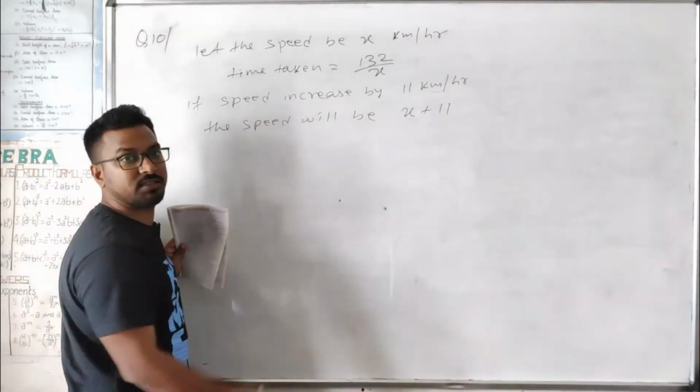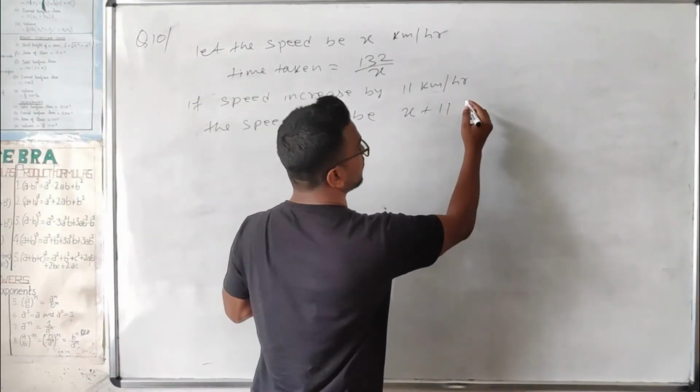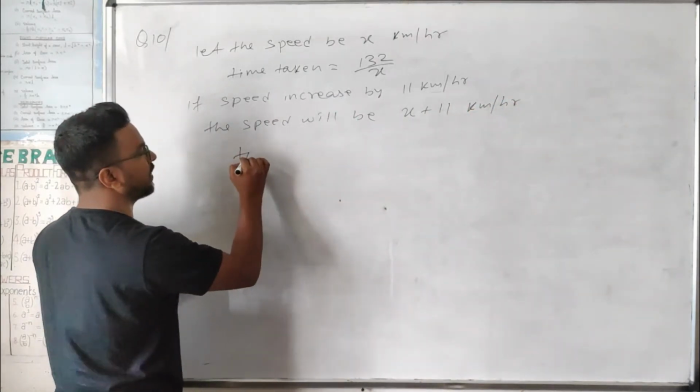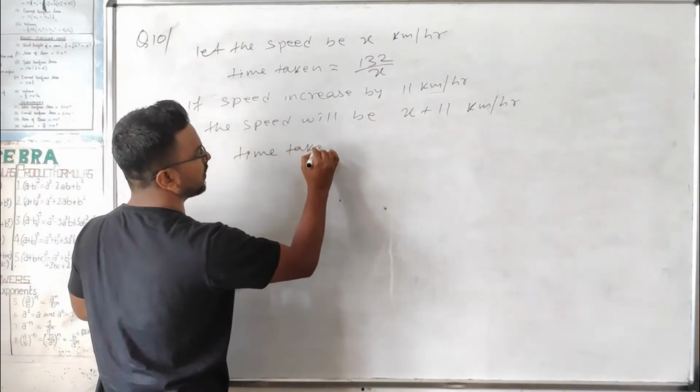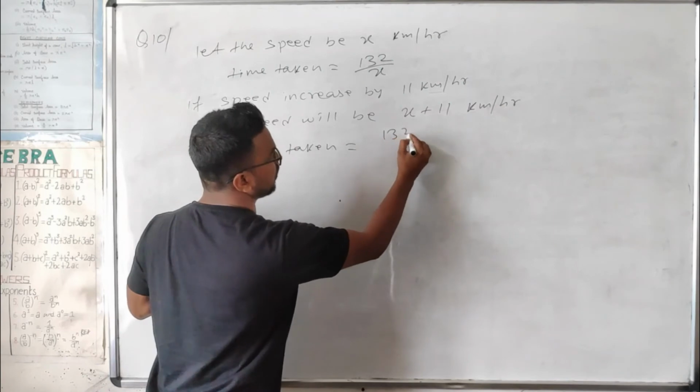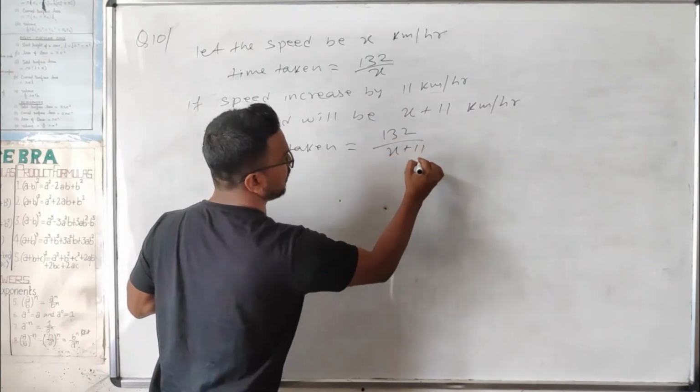Okay, initially it was x, now it will become x plus 11 km per hour. So time taken will be distance by speed. So distance is 132 km and speed is x plus 11.